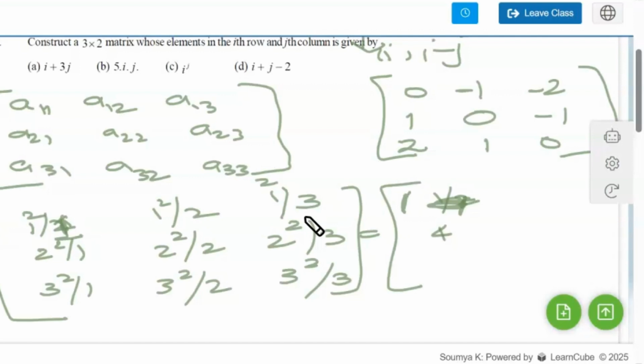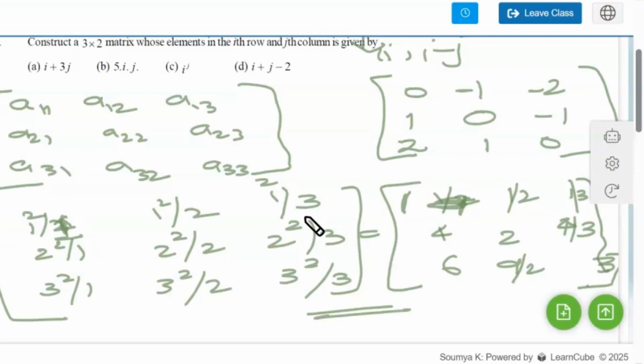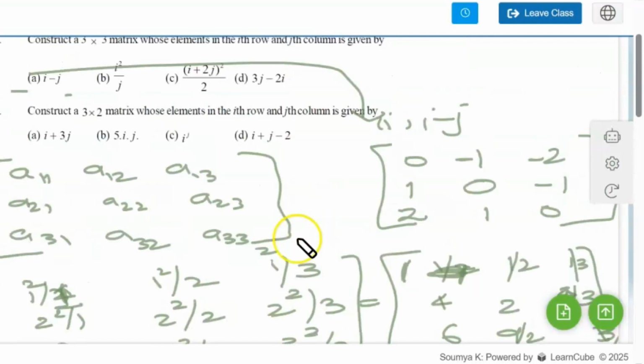So 1 here and 4, 6. Next will be 1 by 2. Next will be 2, 9 by 2. Here it is 3, 4 by 3 and 1 by 3. Okay. So this is your resulting matrix. This is the solution of your 3 by 3 matrix that you are going to get.